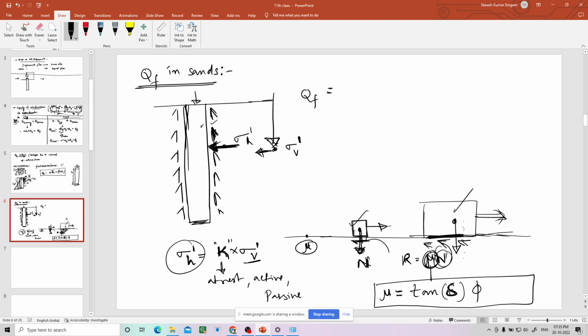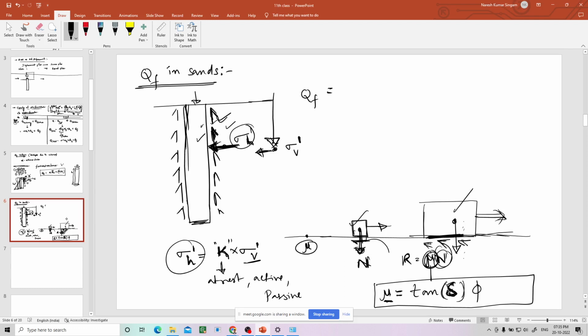If it is between two different materials, phi becomes delta. So if you take tan delta, you will get mu. If you multiply mu with sigma h, then you will get the resistance in this direction. Sigma h comes from sigma v, and this resistance comes from sigma h.